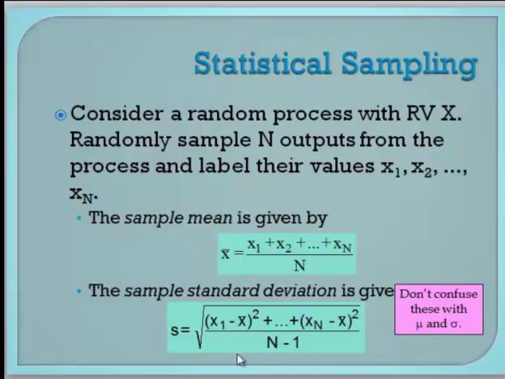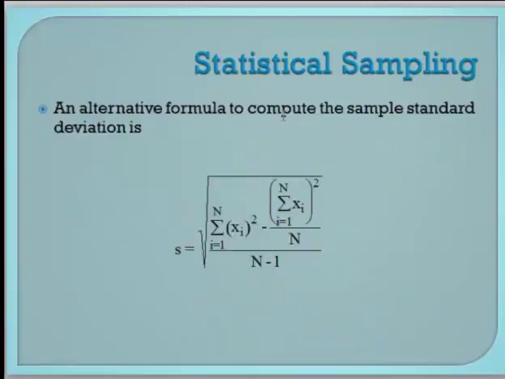The sample mean is not necessarily the true mean, and the true standard deviation may well be different from the sample standard deviation. An alternative formula for calculating the sample standard deviation is this one right here. It's large and complex, but it works.